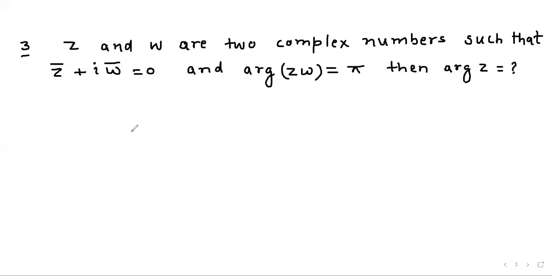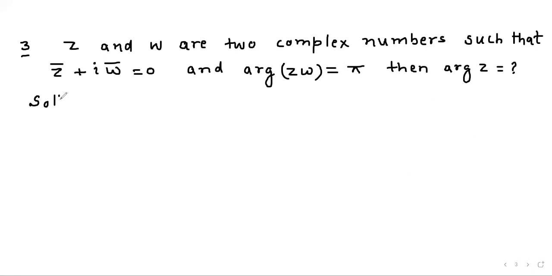Let's consider question number 3. The question number 3 says, suppose z and w are two complex numbers such that z bar plus iota w bar equal to 0 and arg zw is pi, then what is arg z? So let's see.